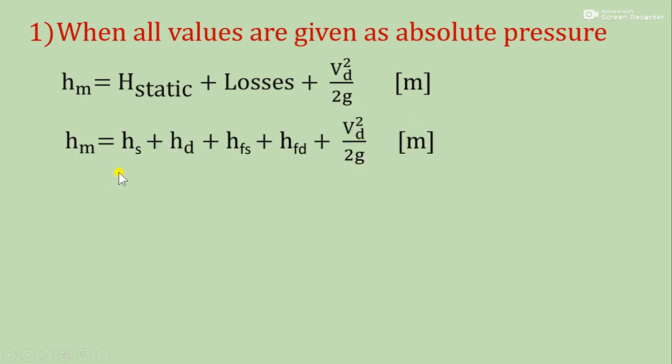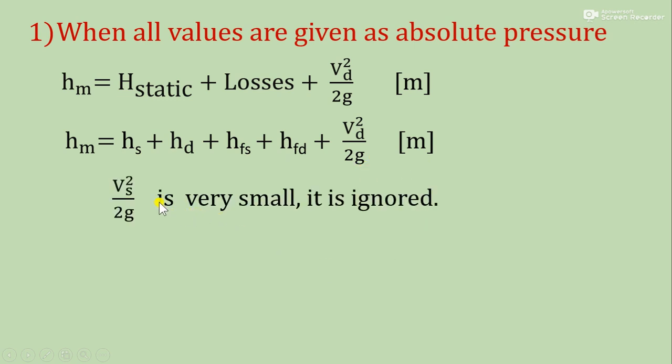Further, it is given as Hs plus Hd, means H static, and Hfs plus Hfd, these are losses, plus Vd²/2g in meter, provided Vs²/2g is ignored because it is very small.